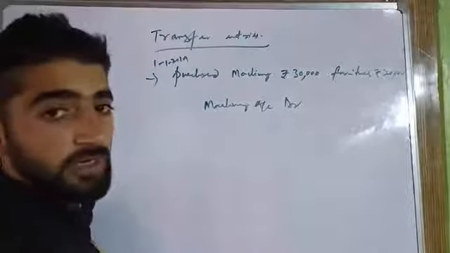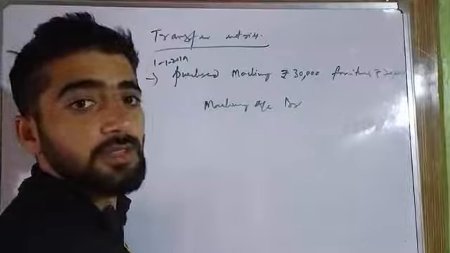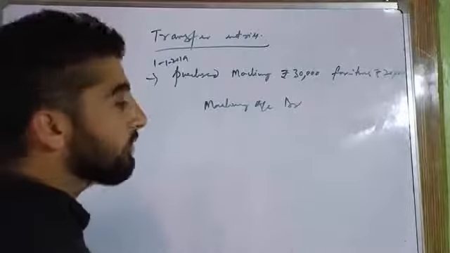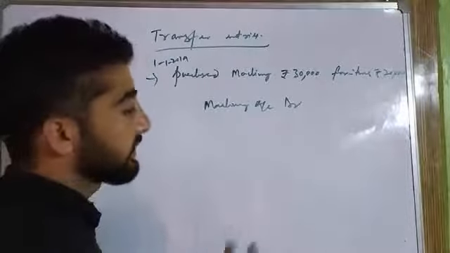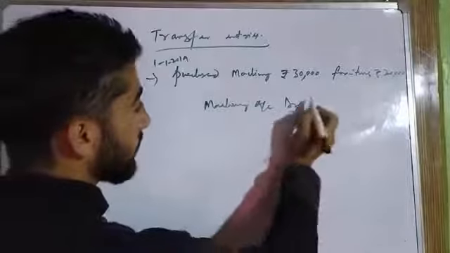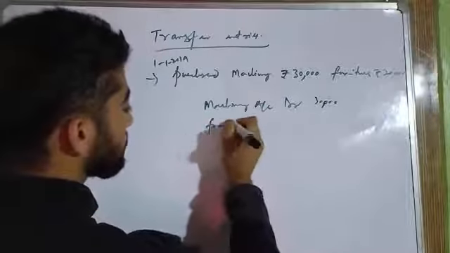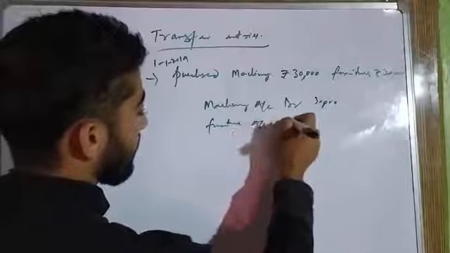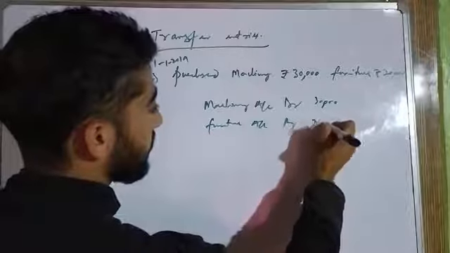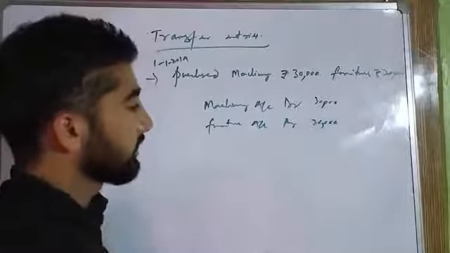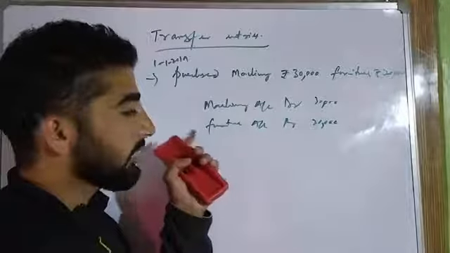If we have to do a journal entry for this transaction, how will we do it? Let us write it here. Machinery account debit 30,000, furniture account debit 20,000. You know why I debited machinery account and furniture account.